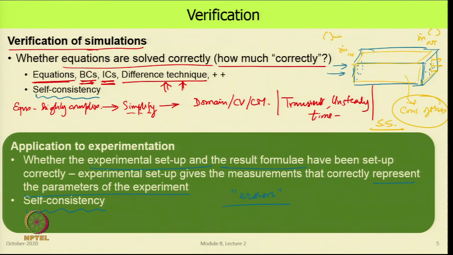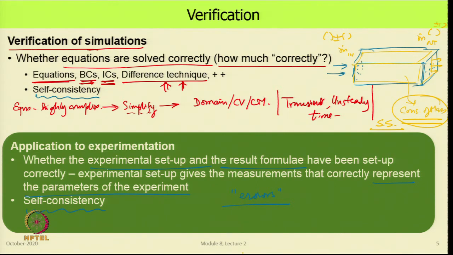But that is where our uncertainty analysis comes in. When we say that both of these are plus minus something, then in light of that we should be able to confirm that our measurement technique was such that conservation of mass is obeyed, and in the case of simulations, there also you will have to say what are the uncertainties in these velocities, and then say that in light of those whether or not we are able to establish conservation of mass.